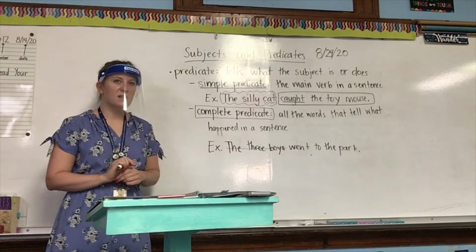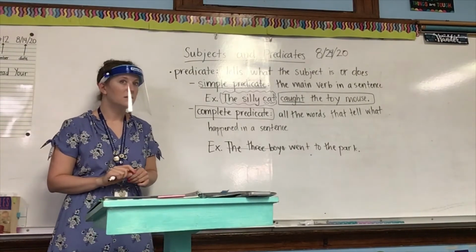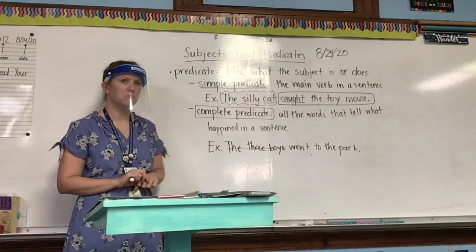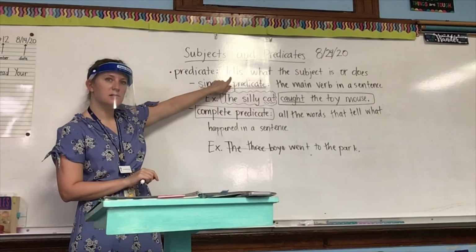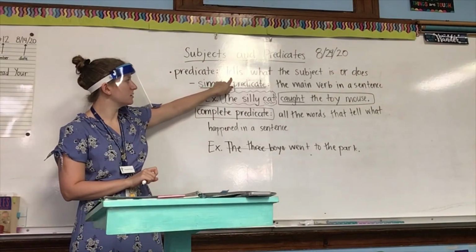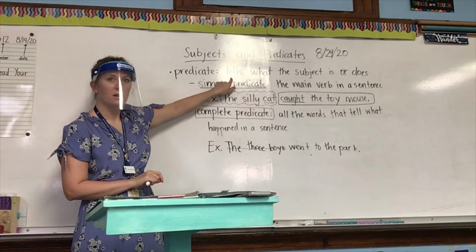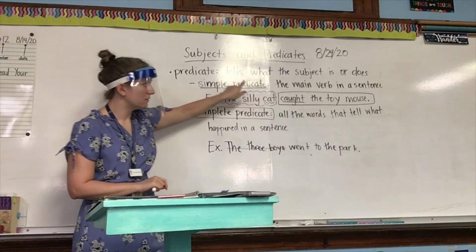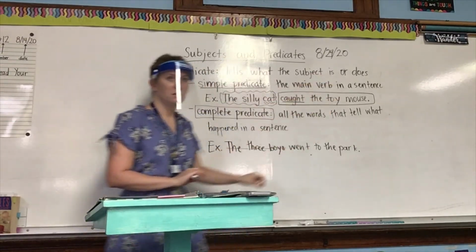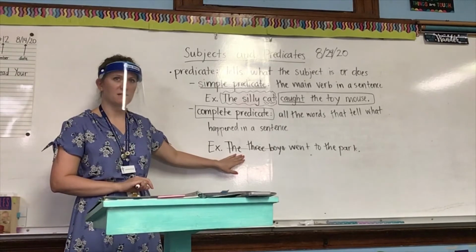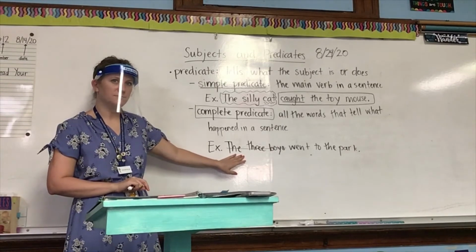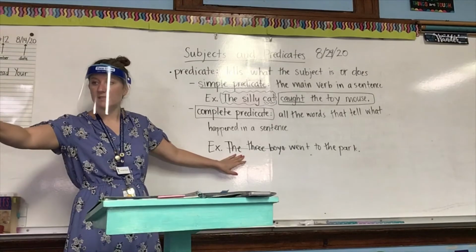The predicate? No. What's a predicate? Tell us what the subject does. Or is. So, the three boys, is that something that somebody is or something that they do? No. Put it in the basket now.